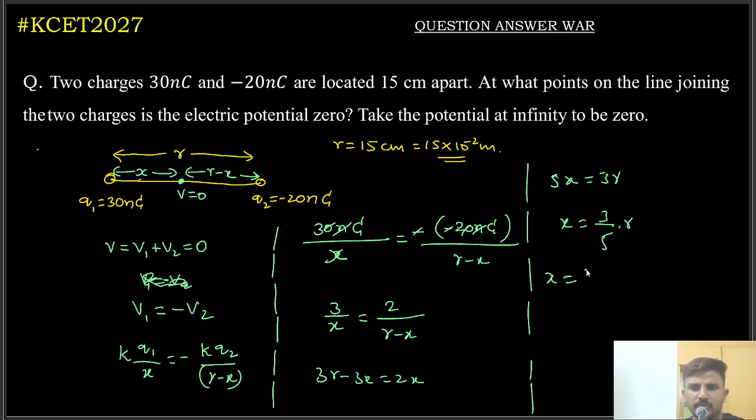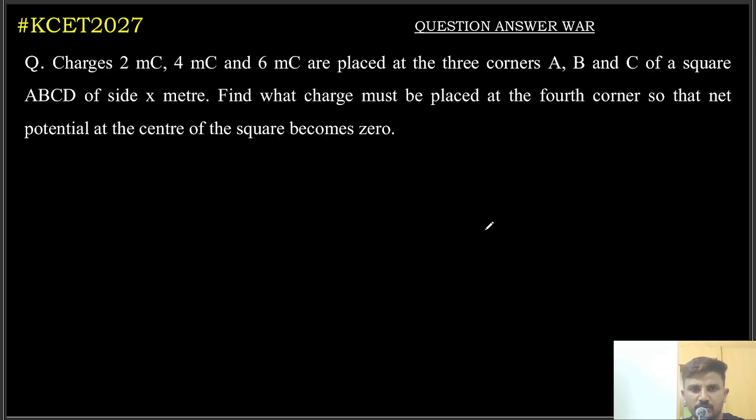So x is equal to 3 divided by 5 into r, which is 15 centimeter. 5 ones are 5, 5 threes are 15, so x is 9 centimeter. That is 9 into 10 to the power minus 2 meter, or 0.09 meter. Okay, this is the answer for this question. Moving on to the next one.